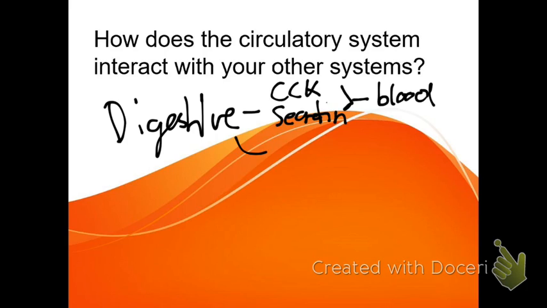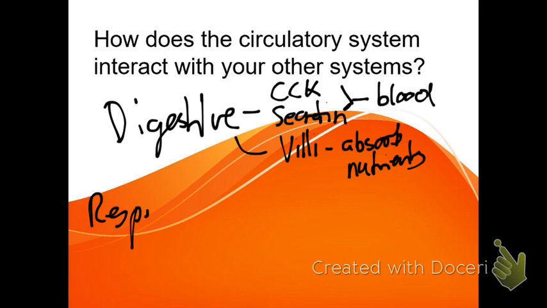More obviously, around the villi. Okay, around each villi you have those blood vessels which are going to absorb your nutrients, okay, and carry those away. In your respiratory system, this one's probably a bit easier.